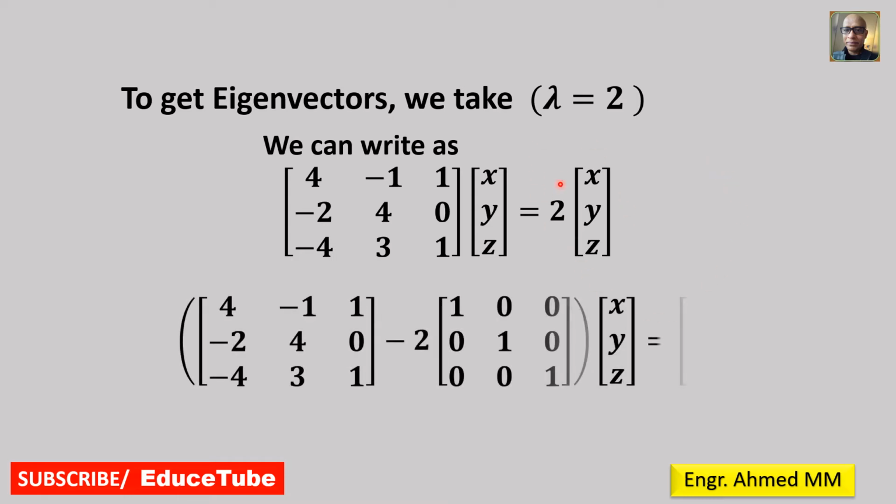Now we are bringing this on the left hand side, keeping the right hand side 0. So it takes a form like this. The additional thing we did here: M minus lambda identity matrix I. So M minus 2 identity matrix, 2 means lambda, and this is X vector, common for both, equal to 0 vector.